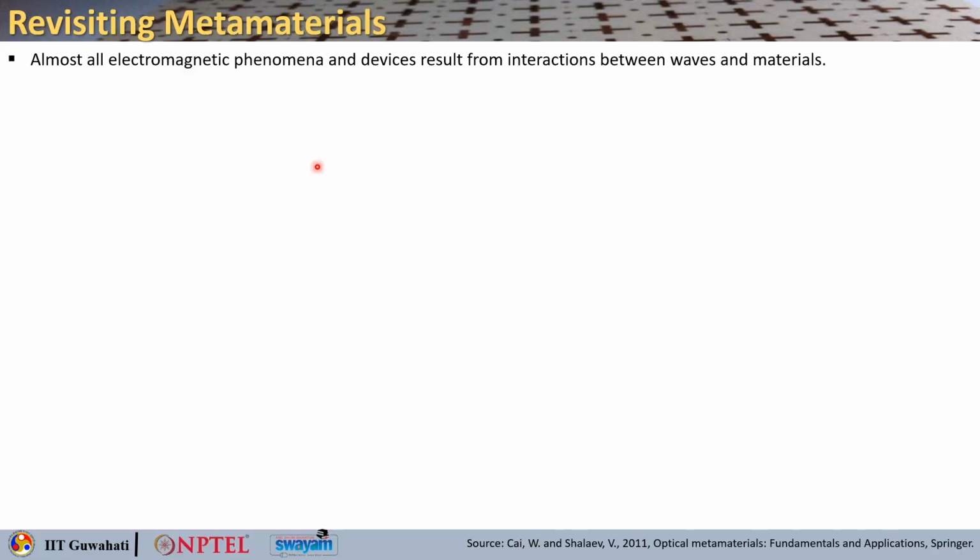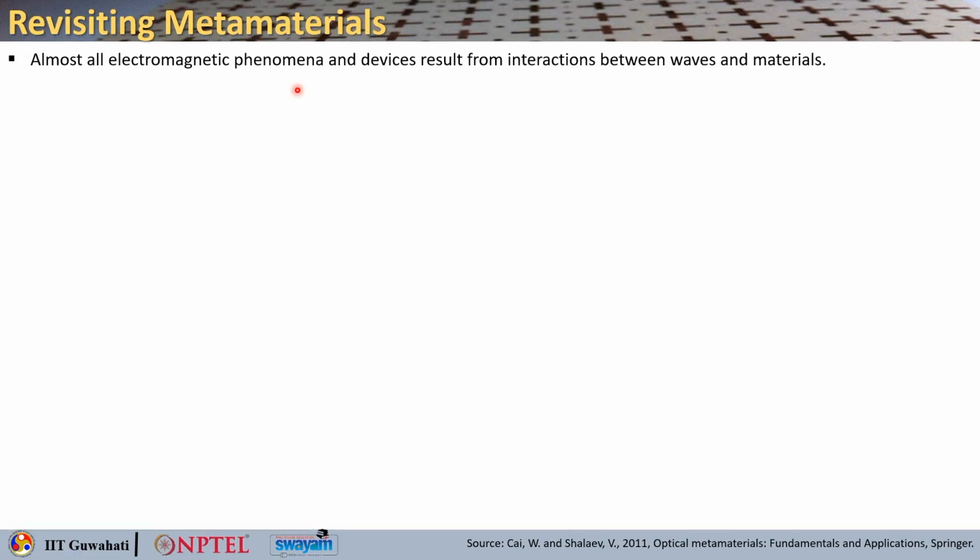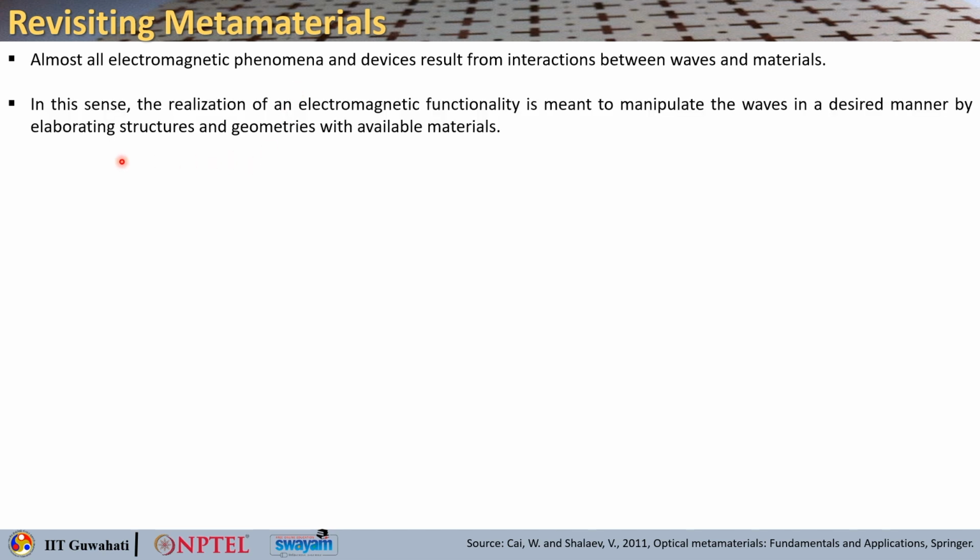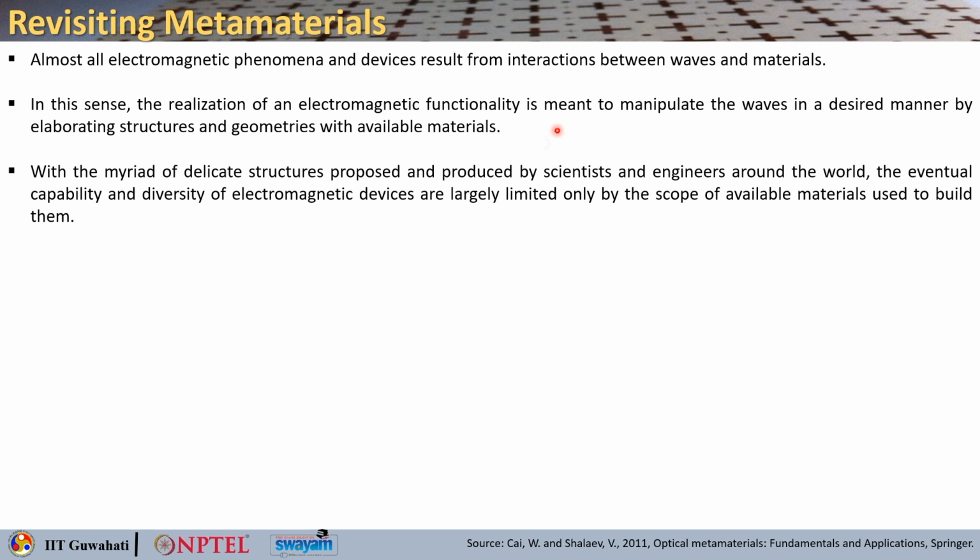So, what we have seen till now is that almost all electromagnetic phenomena and devices basically result from the interaction of electromagnetic waves and materials. And in this particular sense, the realization of the electromagnetic functionality, that is, the desired epsilon and mu, permittivity and permeability, is meant to manipulate the way waves are going to behave with your structure, and you can manipulate the interaction, right.